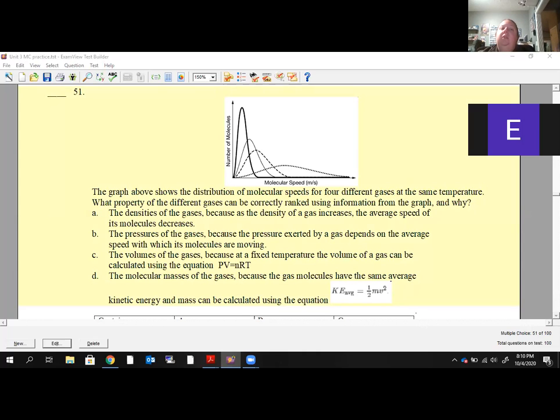It can affect the pressure if everything else is held constant. But they don't necessarily tell us that we have the same number of particles of each of these gases. They don't tell us anything else about that. Because if I have twice as many molecules of a gas, that's going to increase the pressure just as much as the speed would.